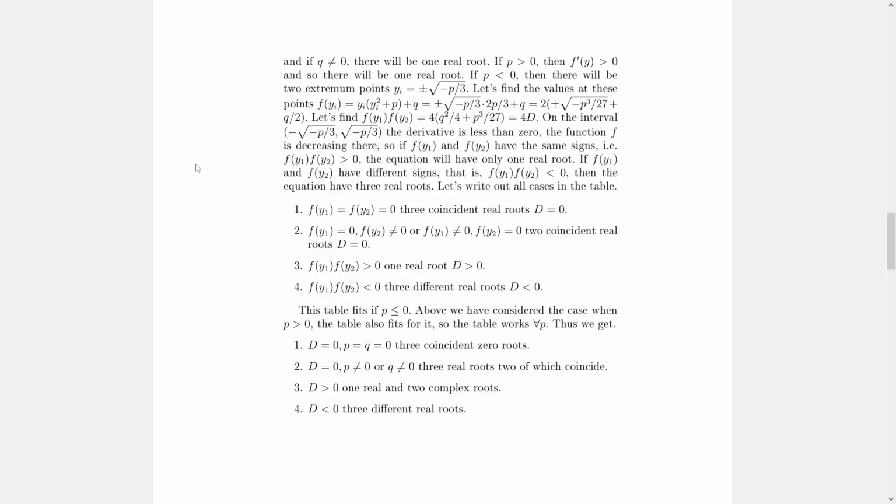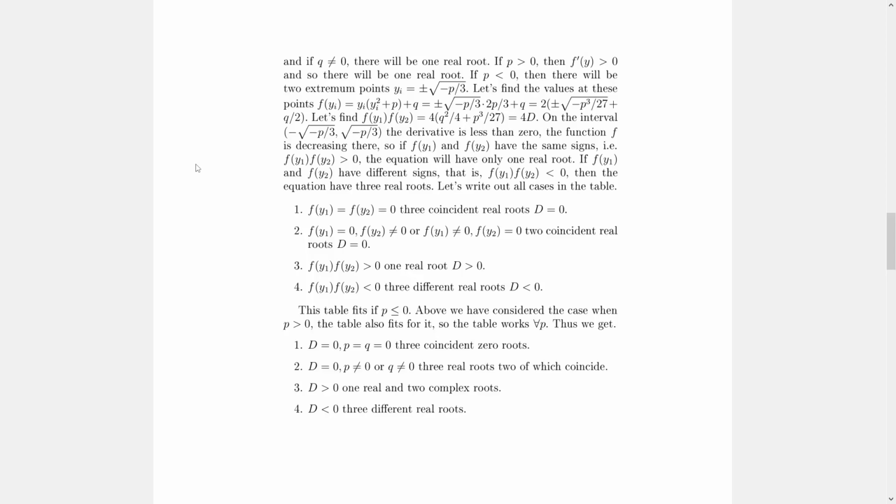So if f of y1 and f of y2 have the same signs, that is, f of y1 multiplied by f of y2 is greater than 0, the equation will have only one real root.